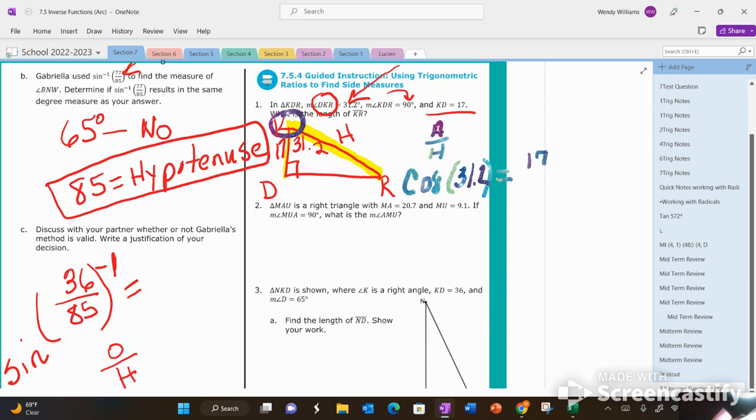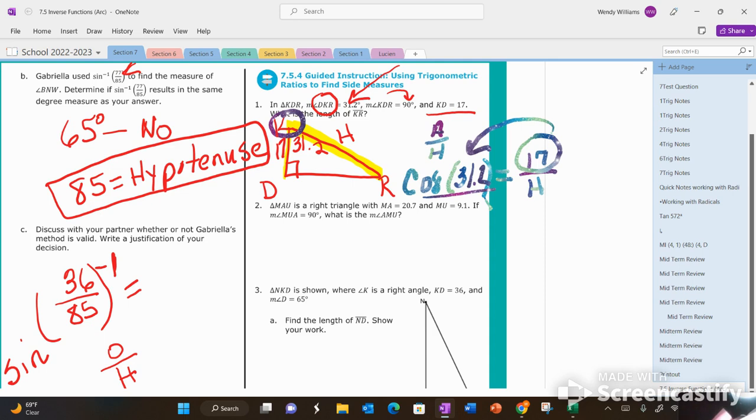Adjacent, 17. And what we're looking for is the hypotenuse. Now remember, we said if the variable's on the top, easy peasy, just multiply. But if the variable is on the bottom, we simply take what's on the top, 17, and divide it by what's on the left, and that's the cosine of 31.2.